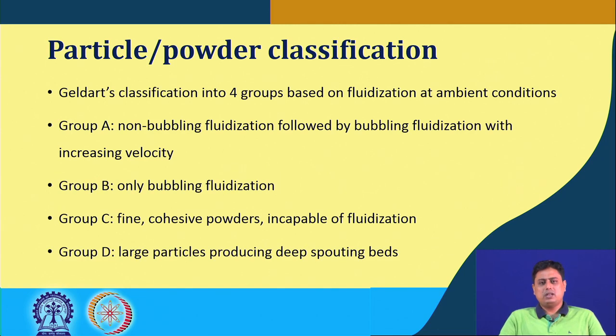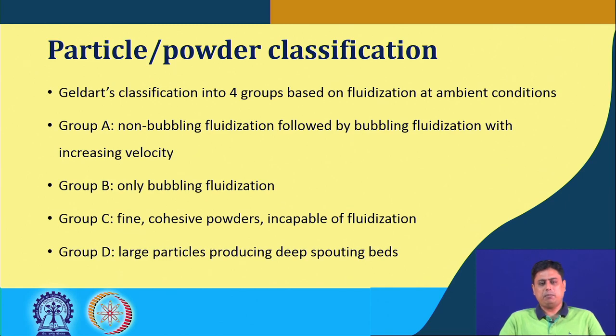You must now recall the difference between aggregative fluidization and particulate fluidization. So, group A exhibits non-bubbling fluidization at lower velocities, and as we increase the superficial fluid velocity, the bubbling regime starts.